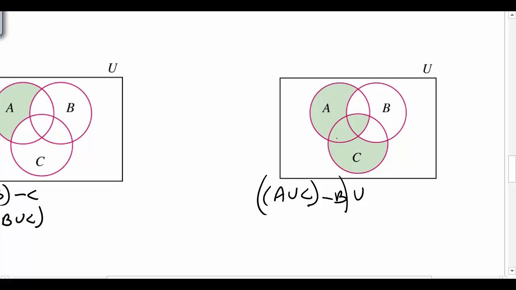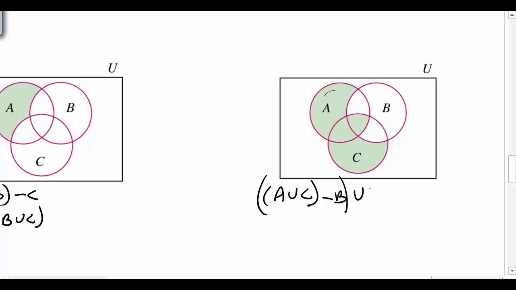A or C, and then take off B, means I wouldn't have this piece right there. So I need to include that little tiny piece there. Because A or C means I'm looking at all of A, and all of C, so those two circles, and I've taken off anything that has B in it, so this piece is gone. So then I need to include that piece.